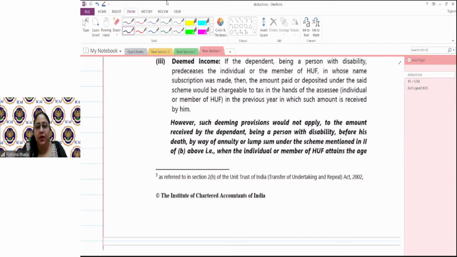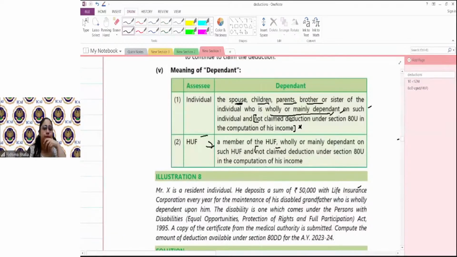In dependent disability, as we read, one thing was written there. In the definition it is written that the dependent disabled is so and so person and he is not claiming deduction under section 80U in the computation of his income.